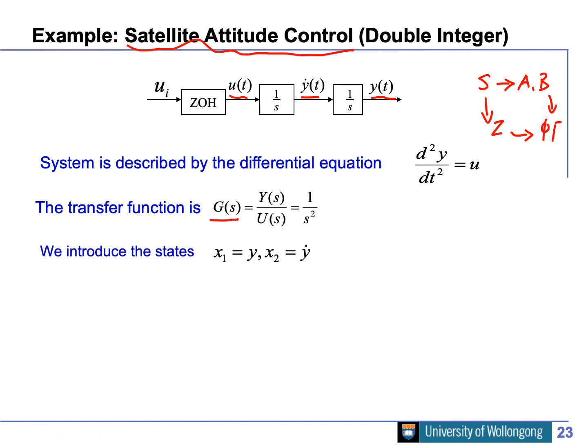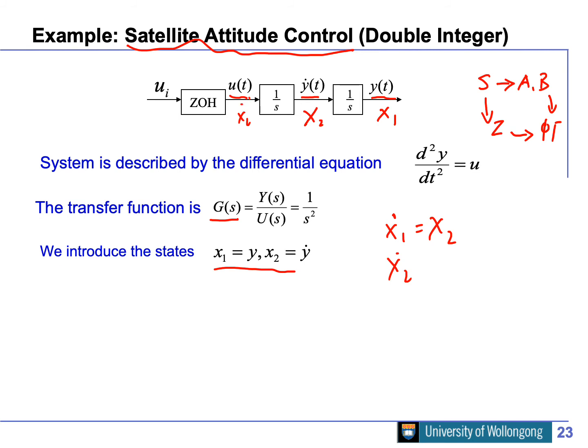We can write the states, say x1 equal to y, so this is x1, and x2 equal to y dot. So from here you already have x1 dot is equal to x2. Just based on this definition, x1 dot is x2. Then we have to find another equation for x2 dot. When we look at here, that's actually x2 dot, right?